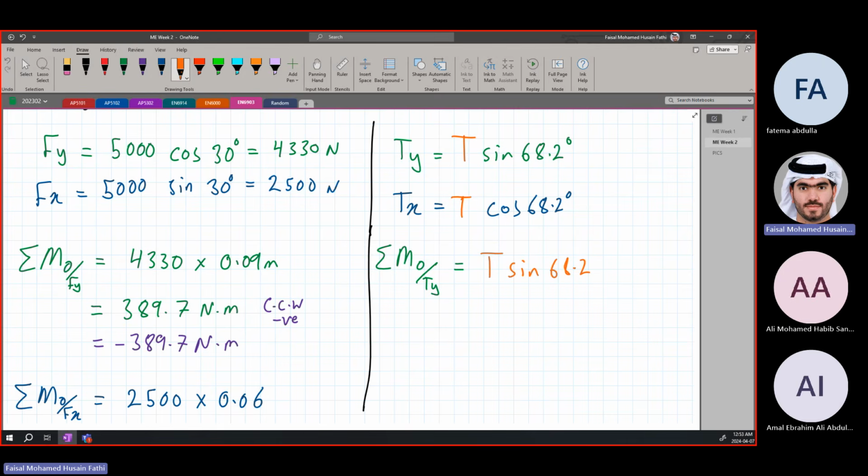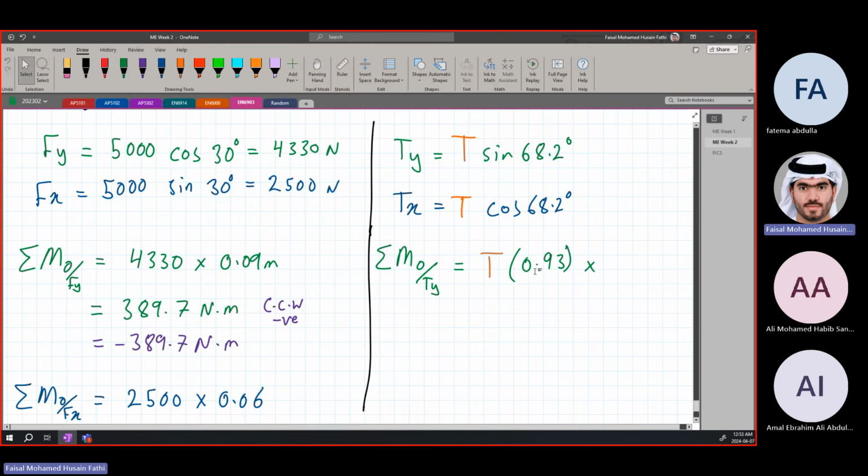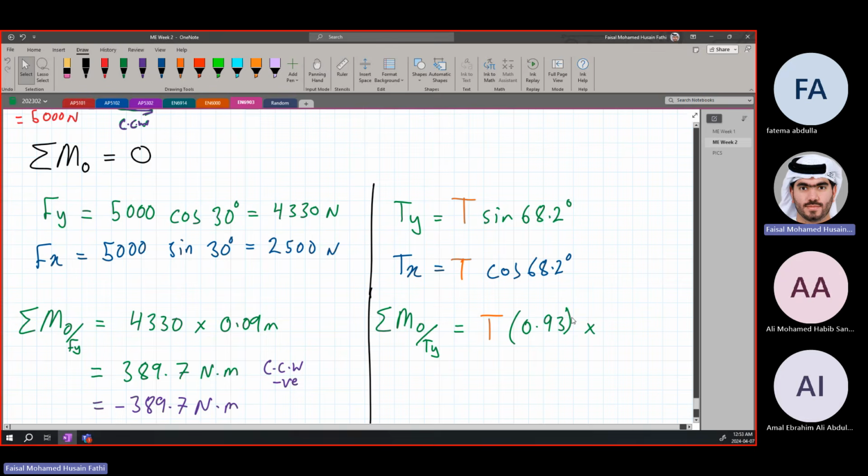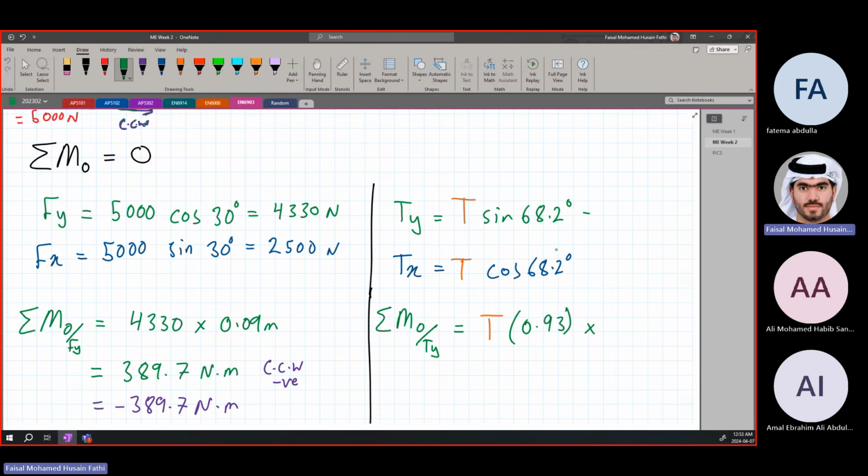It is equal to 0.93. Let's just write that from now. Then times the perpendicular distance. I simplified it, so there is no confusion, I'm going to write it here.